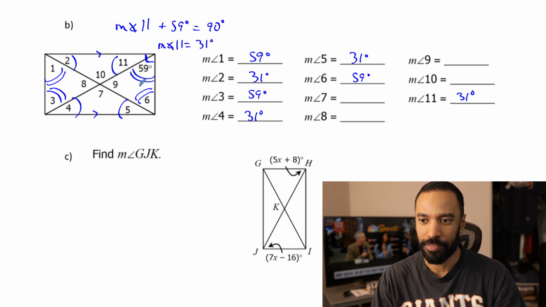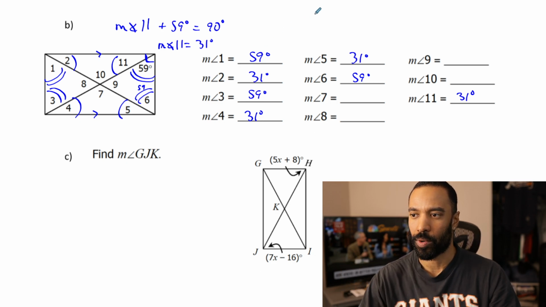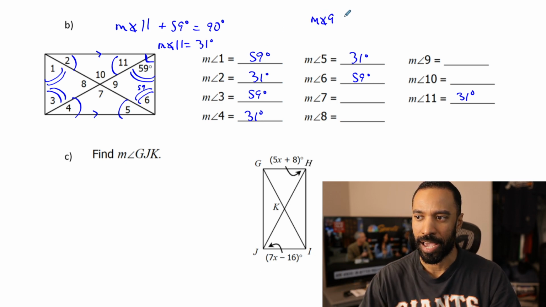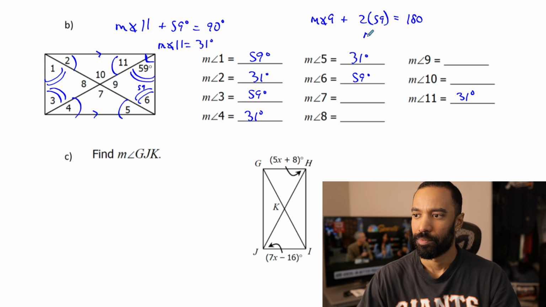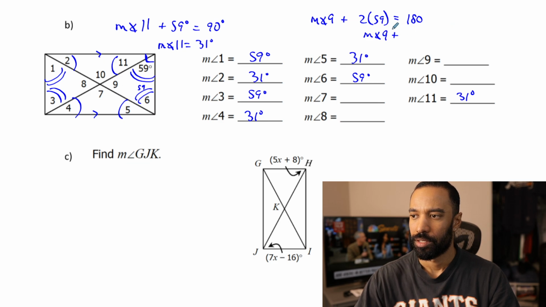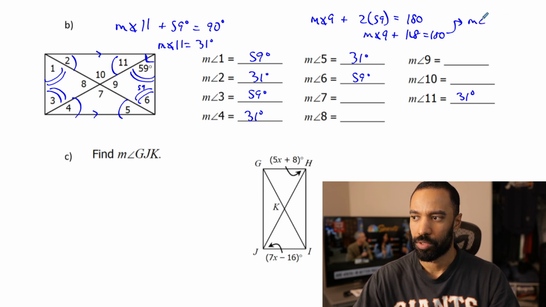If this is 59 and this is 59, then 9 is whatever adds to 180 with those. So the measure of angle 9 plus two 59-degree angles is 180. And that's 118. So the measure of angle 9 is 62 degrees.